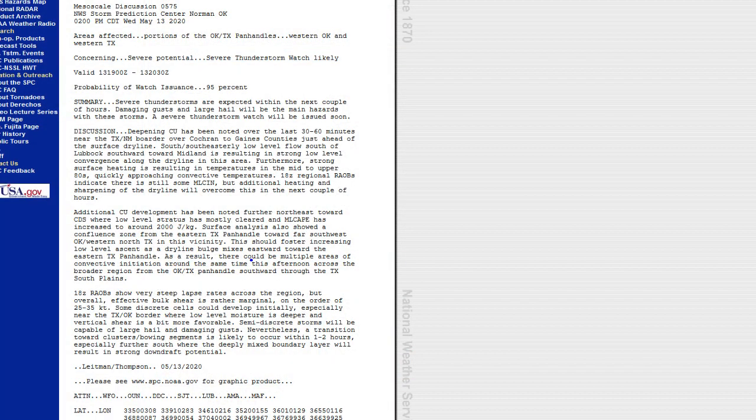And the key points here: multiple areas of convective initiation, and bulk shear is rather marginal, so that's going to help with outflow dominance and give us shorter lived storms and a little less organization. Large hail, damaging gusts, and no mention of tornadoes. So this goes back to the LCLs and limited moisture, low RH as being a big problem.